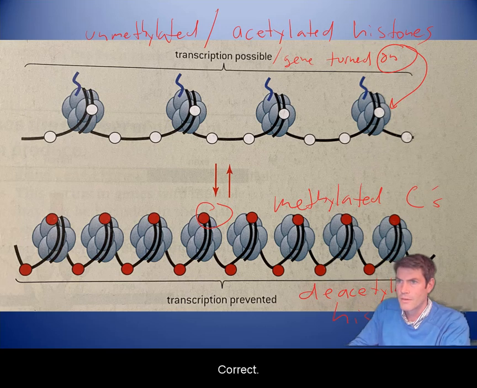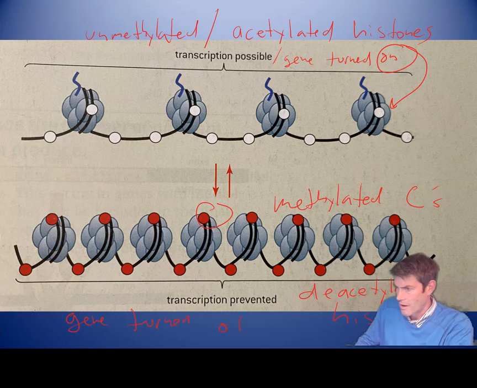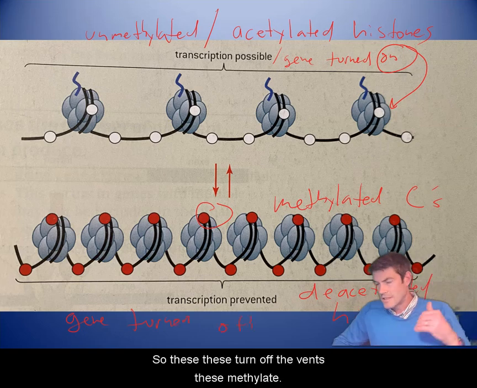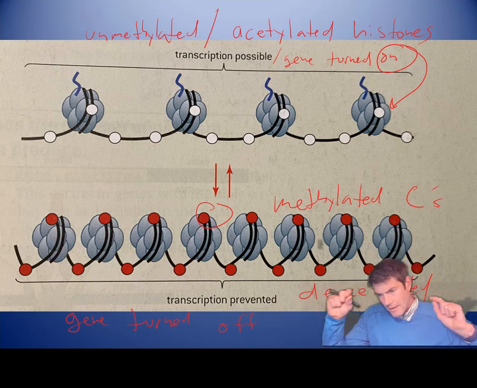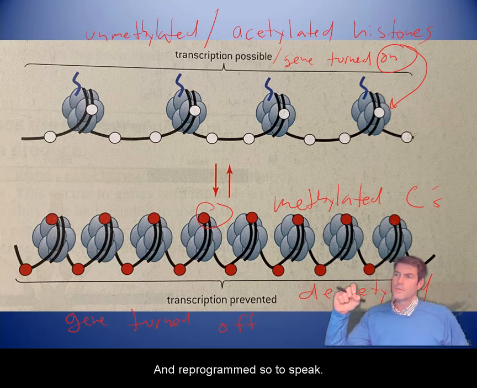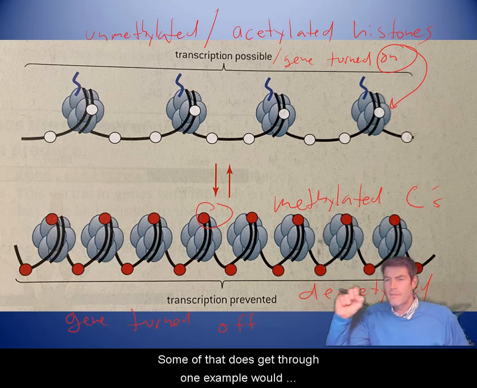The gene is turned off. So these turn-off events, these methylated areas, normally do get reset and reprogrammed, so to speak, but some of that does get through.